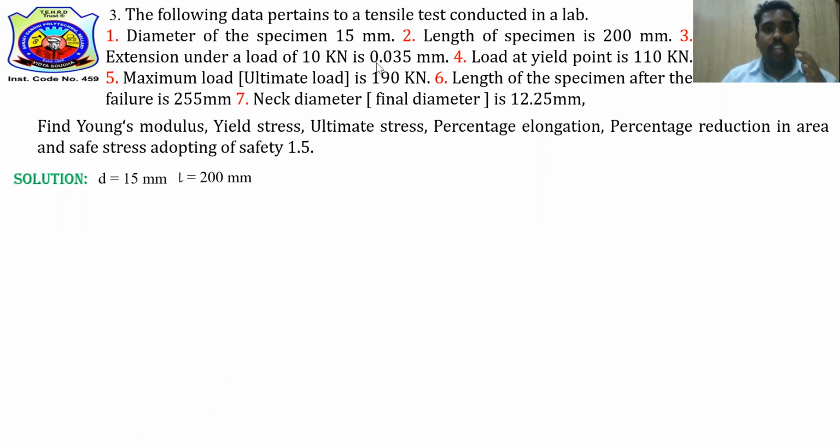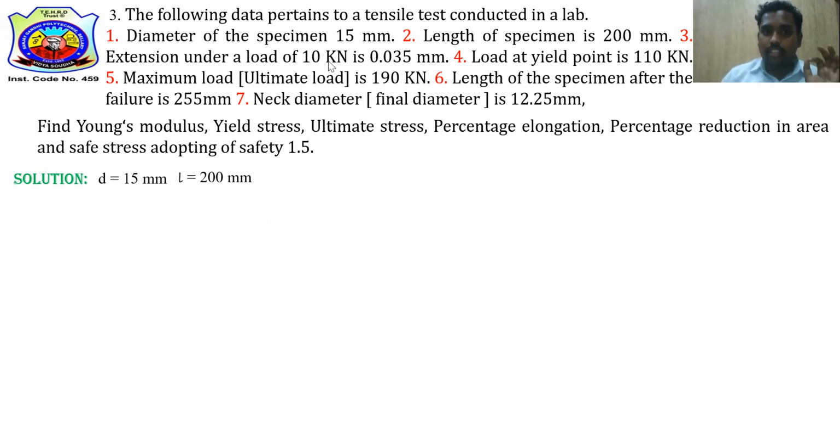Extension under a load of 10 kilonewton is 0.035 mm. Students, you need to be very careful because he has given two values and two terms. On clear reading, we will see that the extension is 0.035 mm and the load is 10 kilonewton.